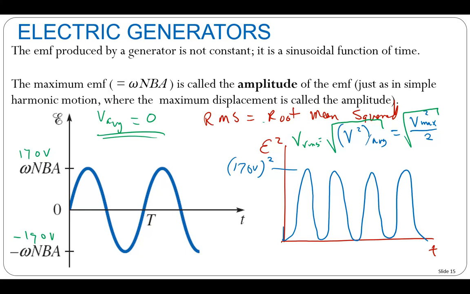Well, what's the square root of Vmax squared? Vmax, right. So that's equal to Vmax divided by the square root of 2. So the RMS voltage, which is what we actually use to designate the output voltage coming out of the wires here, is the peak voltage divided by square root of 2.